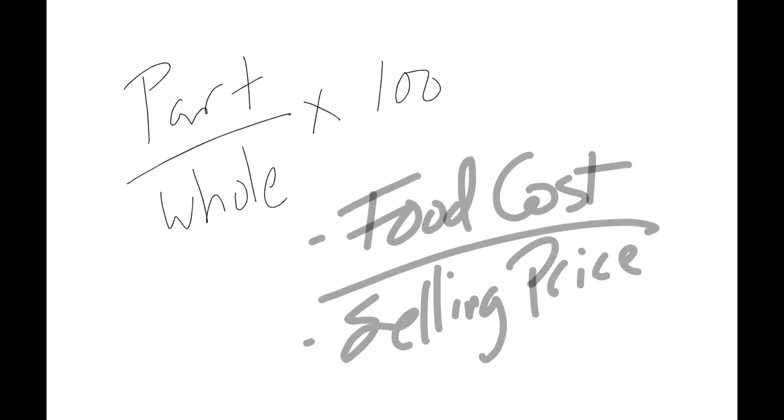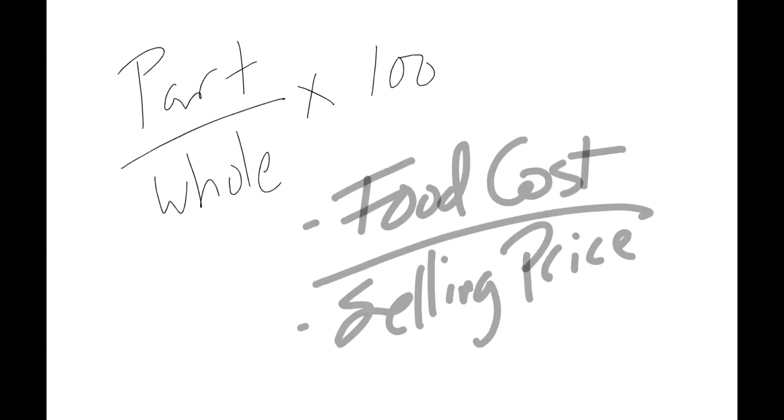In this case, we're talking about food cost and how much we sell it for, so that would be the food cost percentage. If we're talking about labor cost later on in the semester, labor cost would just be labor divided by the sales. Beverage cost would be the same thing.